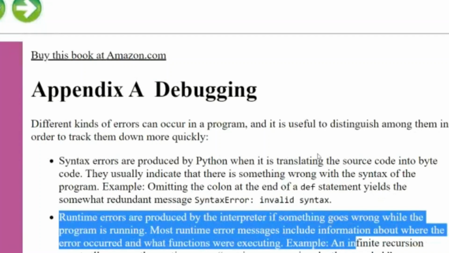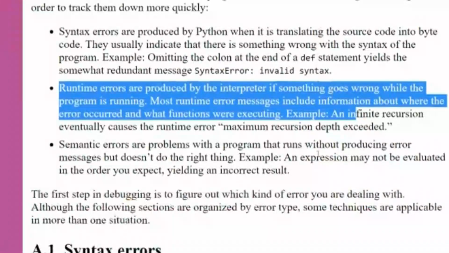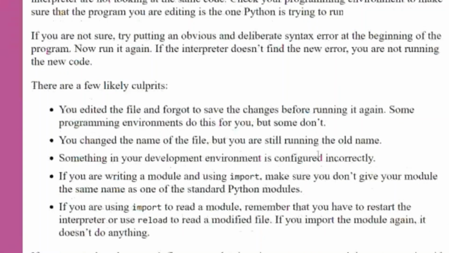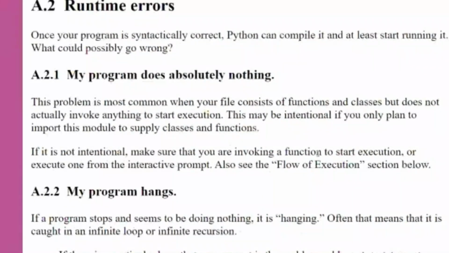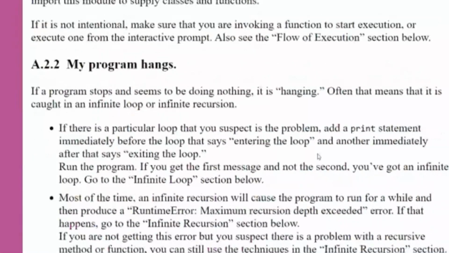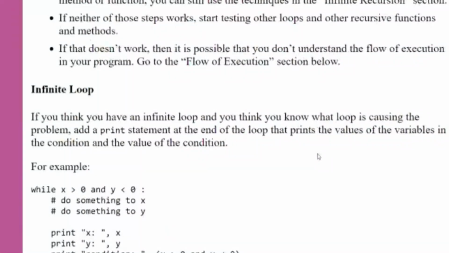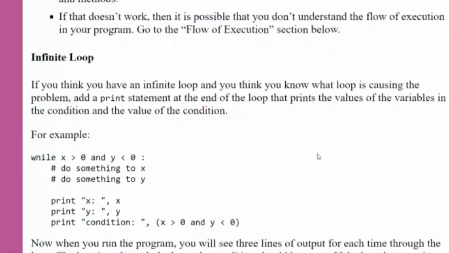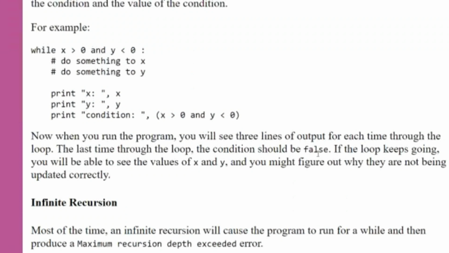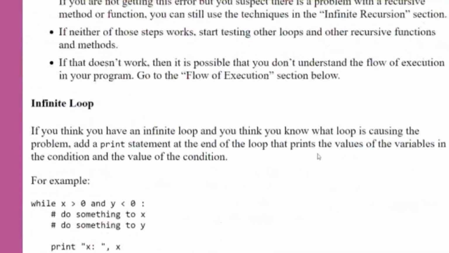Okay. So your program can have the correct syntax, but even though it has the correct syntax, it creates that error for you. Let me see what else the textbook is saying here.